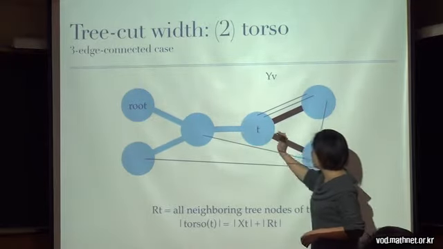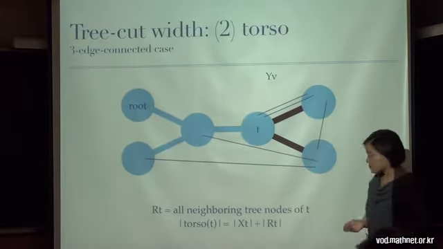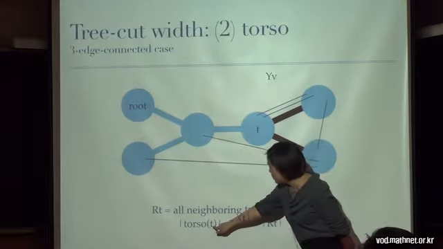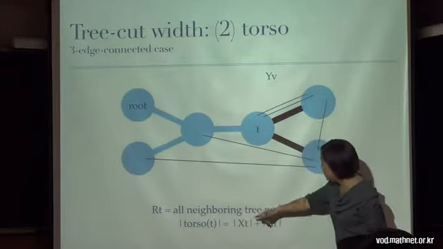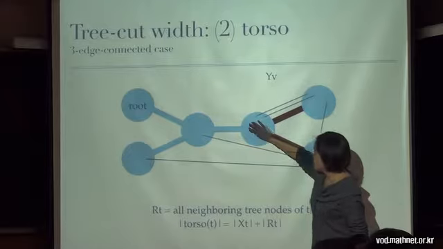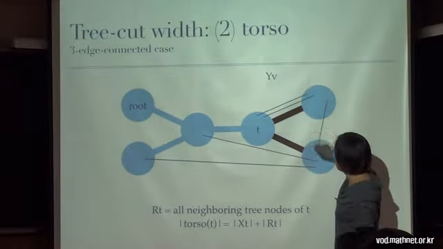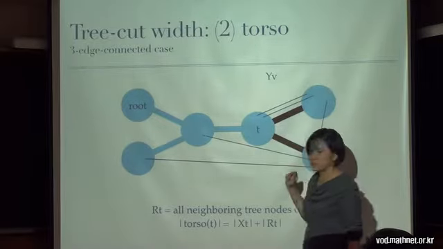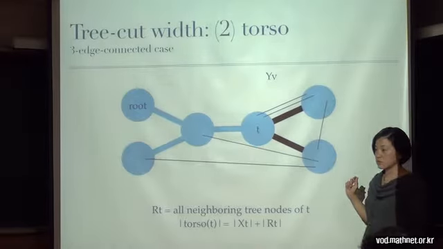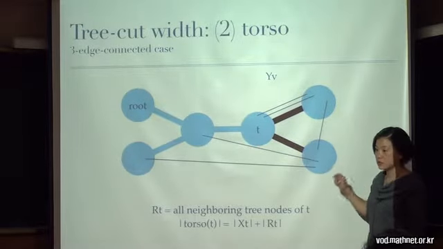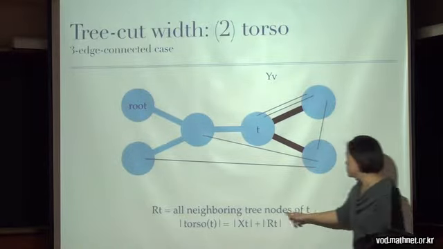So for every edge of the tree, it should be at least 3. And for a node t, the size of the torso is exactly the sum of the size of the bag X_t and the number of neighbors of t. When you count the number of neighbors, these are neighbors in the tree, all neighboring tree nodes of t.